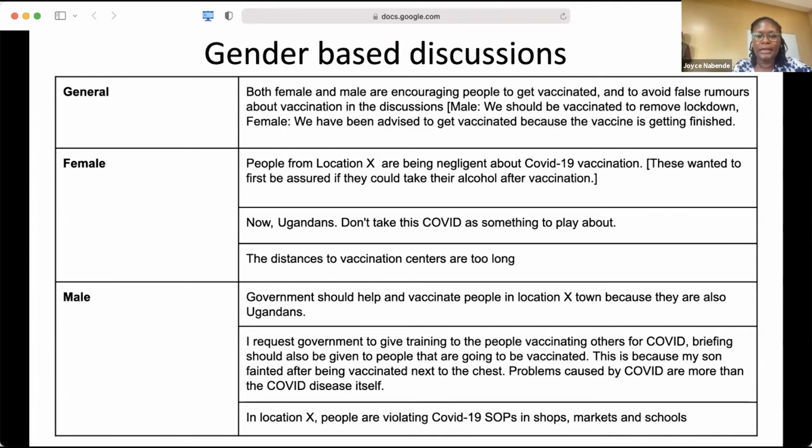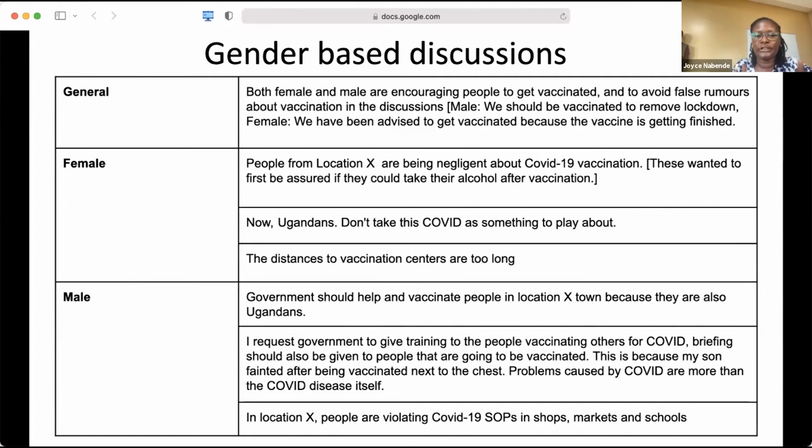Whereas the males also have different views. For example, they said people are violating COVID-19 SOPs in different places, but they also wanted more training and briefing given to people around the vaccinations themselves.